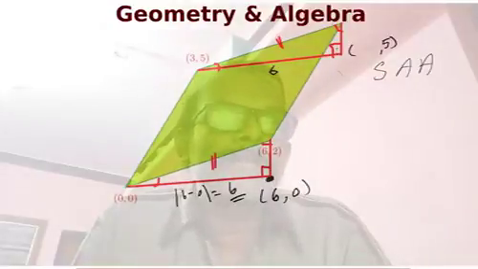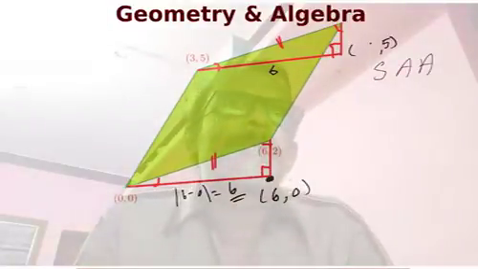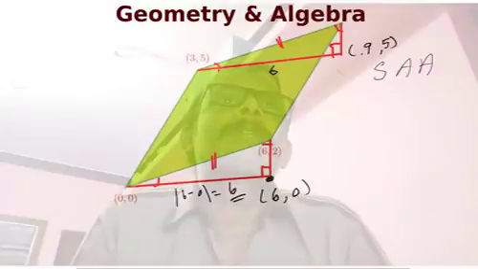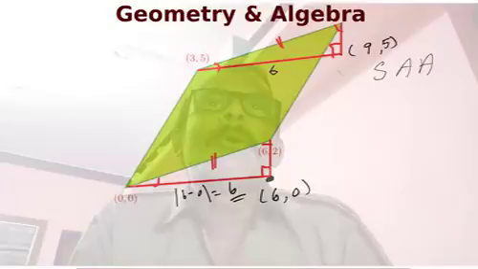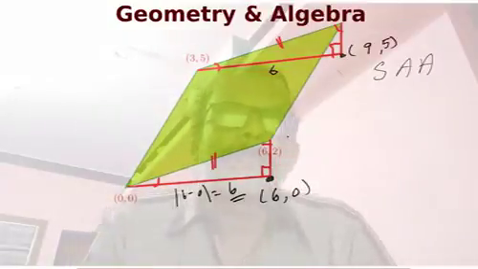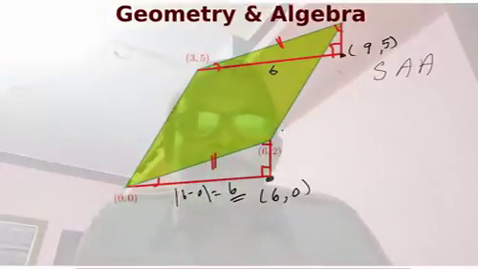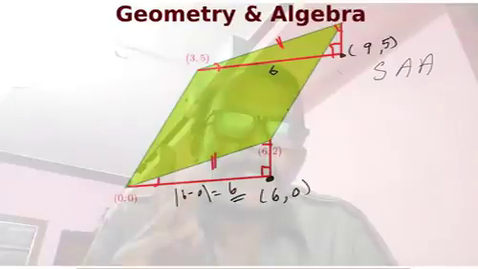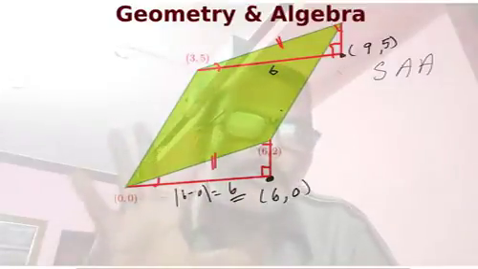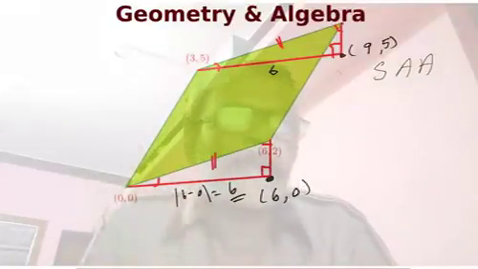So the x coordinate will be 3 plus 6. What is 3 plus 6? 9. So it is (9, 5). Okay, so we got the coordinates of this point also. So we calculated the coordinates of the third vertex of the two right-angled triangles.